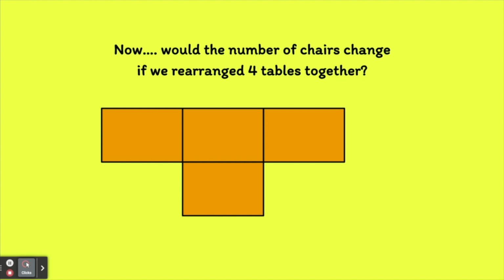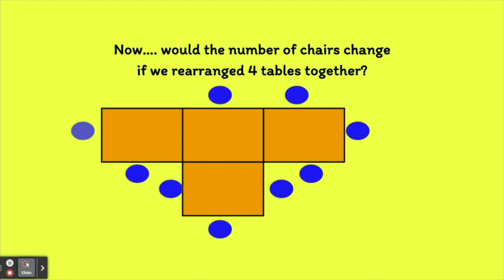So let's see if we have 10 chairs here or if it changed. 1, 2, 3, 4, 5, 6, 7, 8, 9, 10. Nope, we would still need 10 chairs. So it doesn't matter which way we rearrange these tables, we would always have the same amount of chairs.